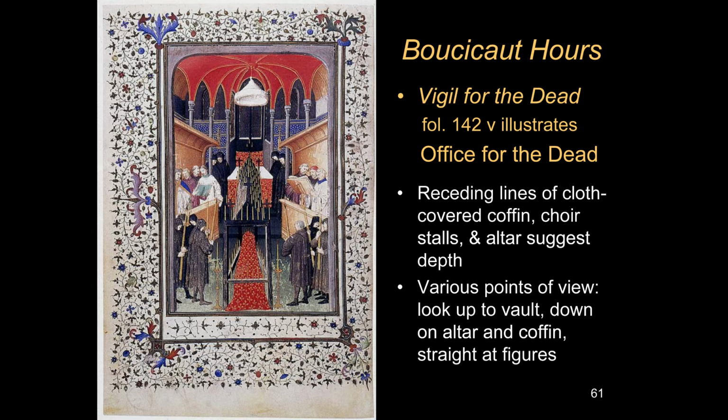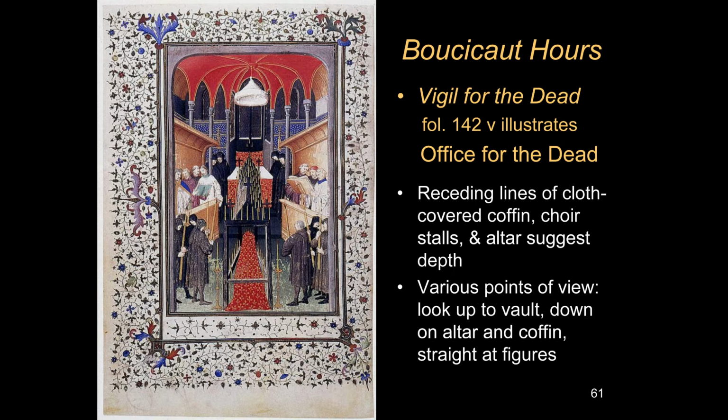And once again, the Boucicaut master is giving you these receding lines of the choir stalls, of the coffin, of the altar, as though they're pushing back into space. Now, it's not completely consistent to our way of looking at it. You say, doesn't that coffin recede very quickly? But this way you can see more things.